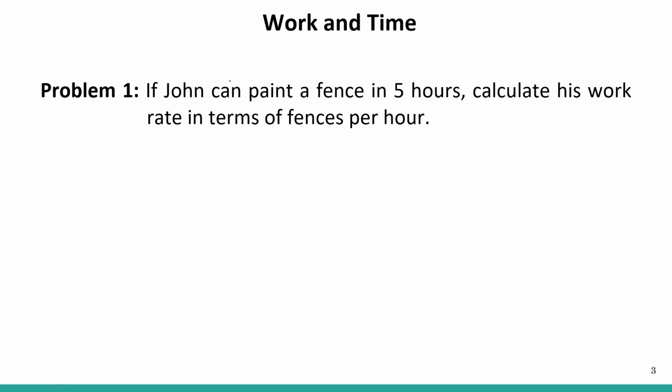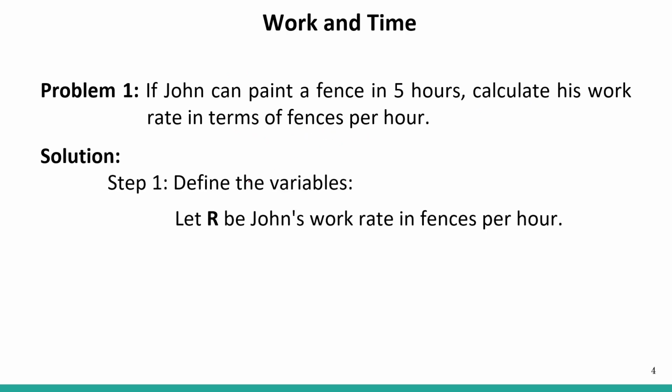If John can paint a fence in 5 hours, then calculate his work rate in terms of fences per hour. So John can paint one fence in 5 hours. Define the variables: let R be the work rate of John in fences per hour.